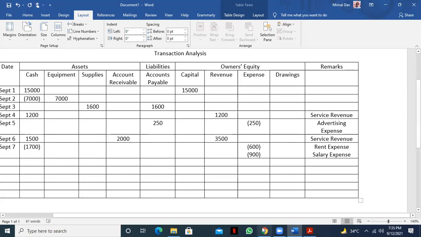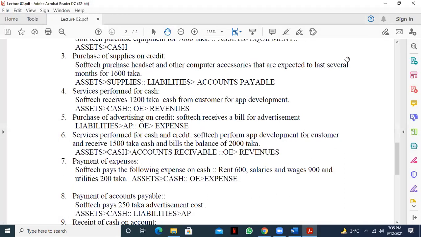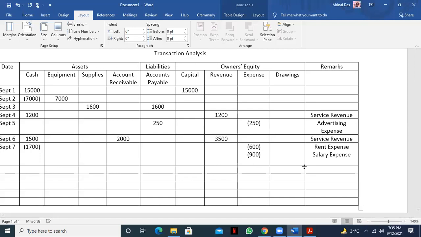Finally, the last one is utilities expense 200 taka. So we'll write 200, utilities expense.